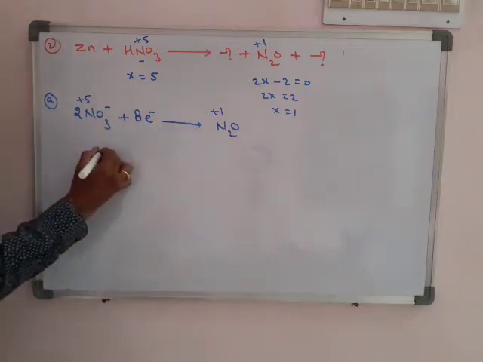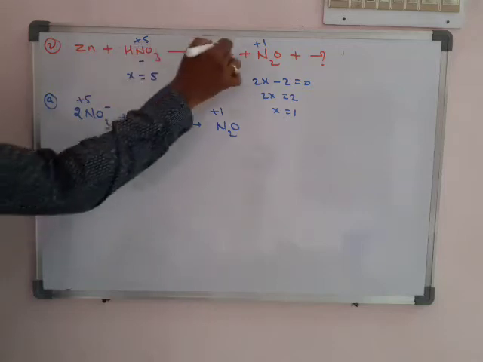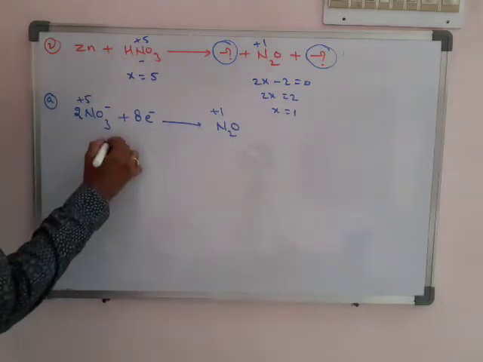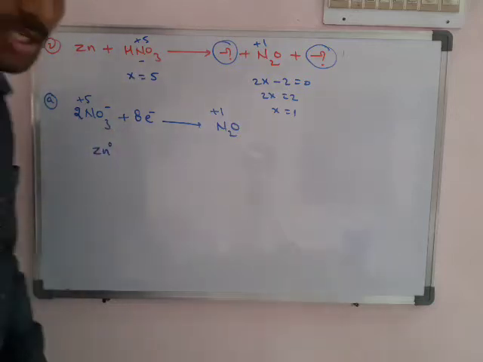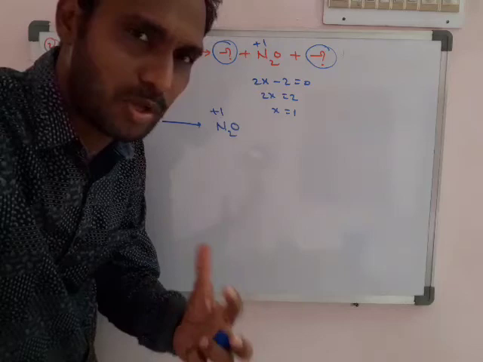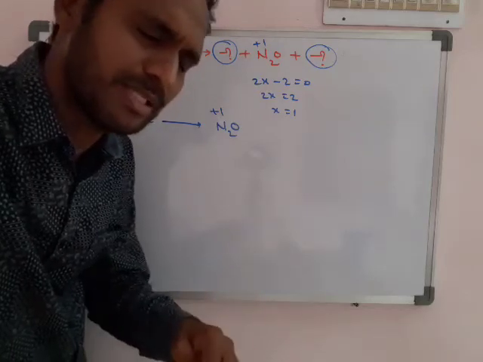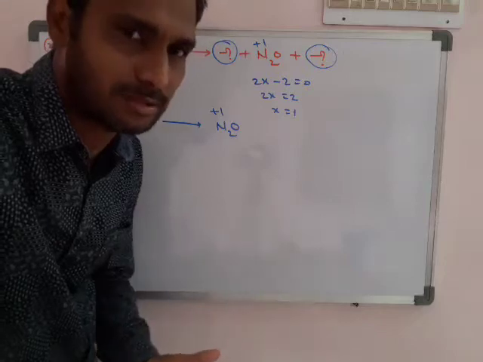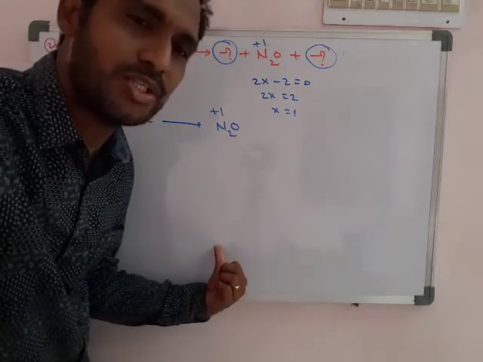Then what is the other one? Zinc. Actually, we don't have any zinc-related compound here. So zinc's oxidation number here is 0. So it is a transition metal, so it will have a maximum positive oxidation state. Metals always have the character of losing electrons. So what is the zinc condition?